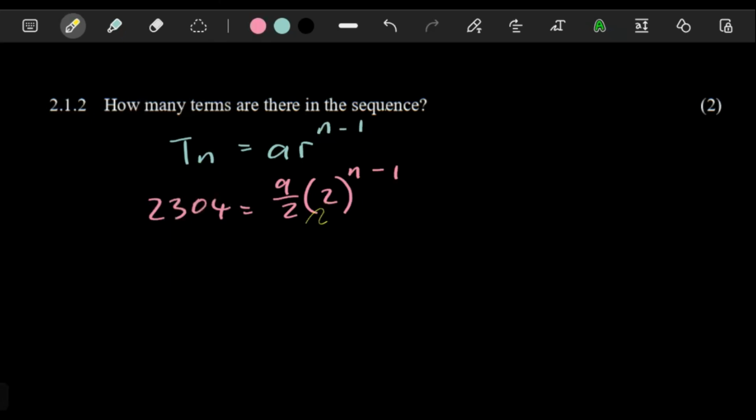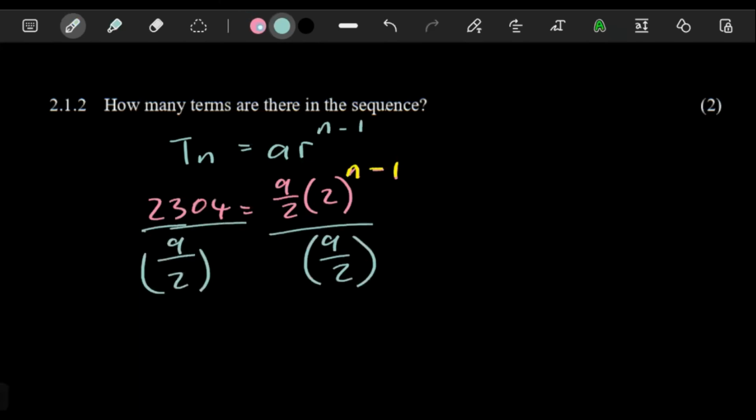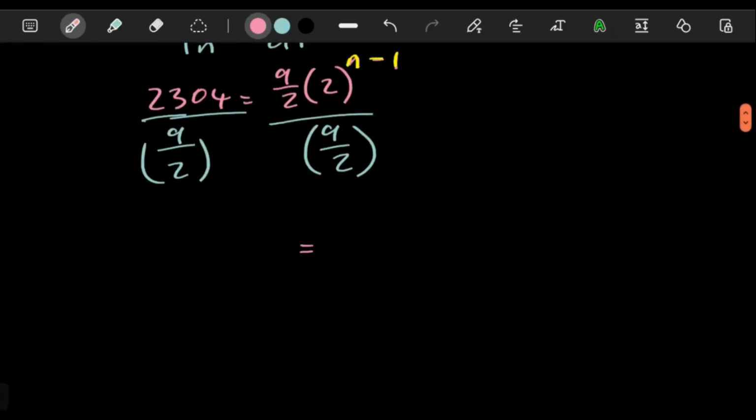So solving for n, remember, don't make the mistake of multiplying these two. You cannot do that because of the exponent here. What you want to do is get rid of the 9/2 first, and you can easily do that by dividing by 9/2 on both sides. The answer on the left side you can get from your calculator: 2,304 divided by 9/2 is going to give you 512.